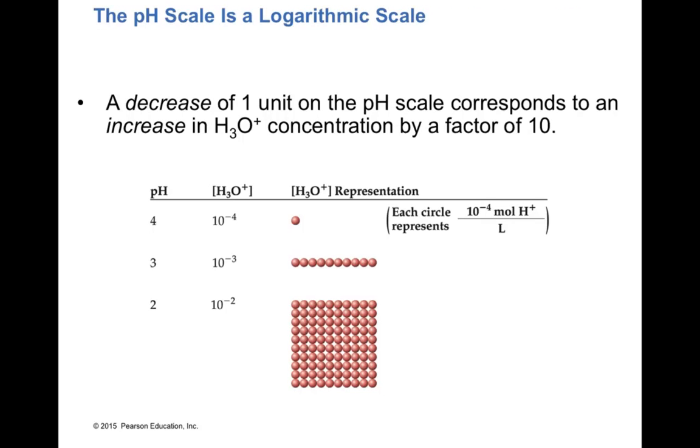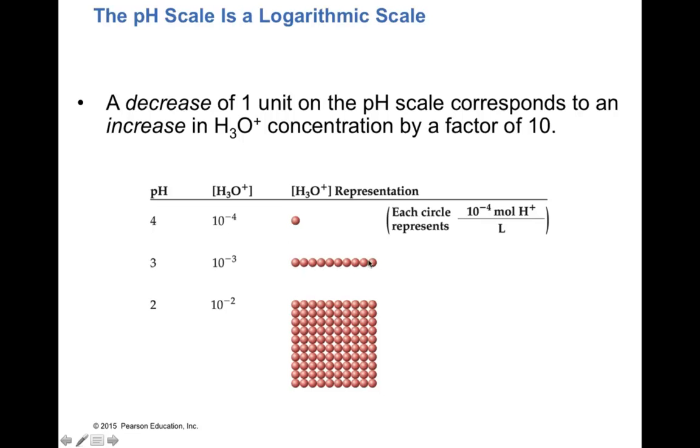The pH scale is also a logarithmic scale. That means that, for example, here, this is a representation of hydronium ion. If we decrease the pH by 1 unit, we are increasing the concentration of H3O by a factor of 10. So this one was 1, here we have 10.